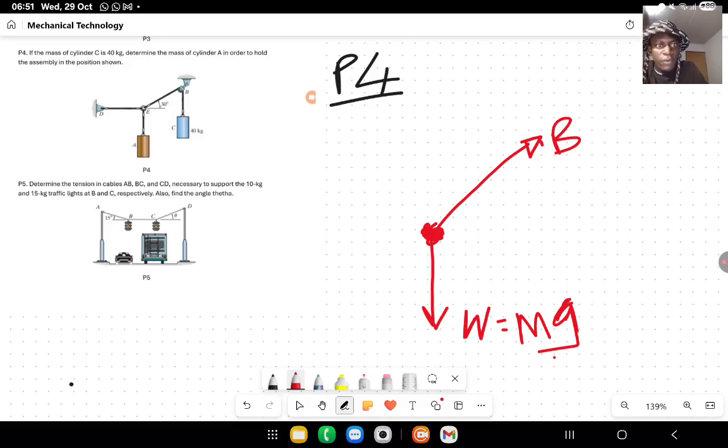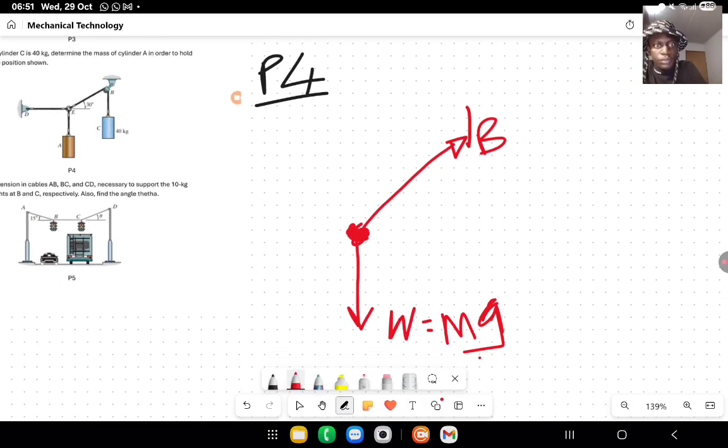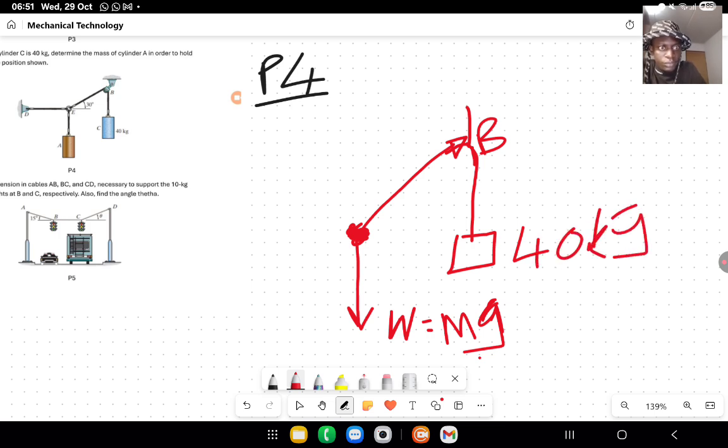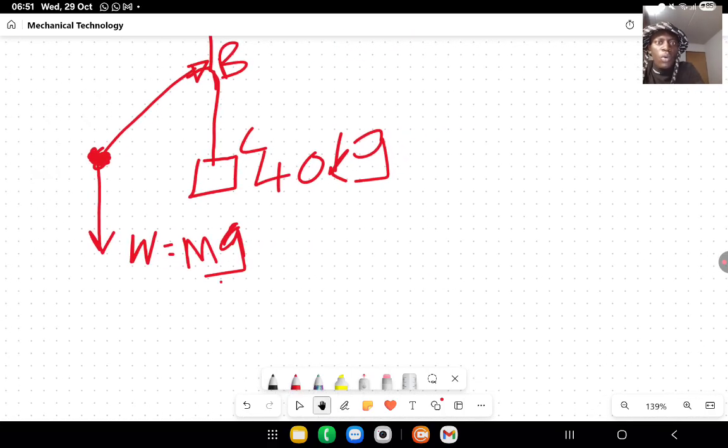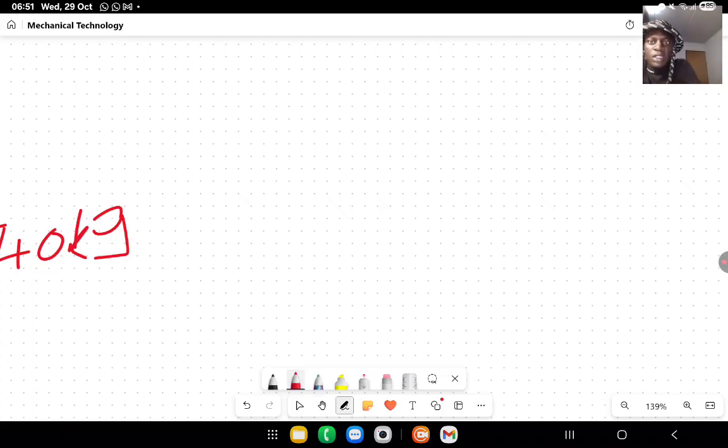And we also have a force going down, but this rope is continuous. Here is the object, which is 40 kg. This is object C. So now we are going to find our weight on 40 kg.